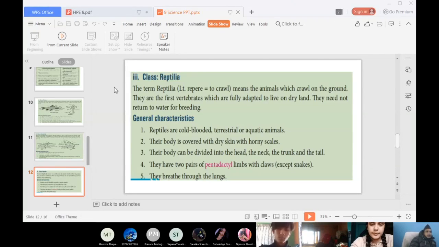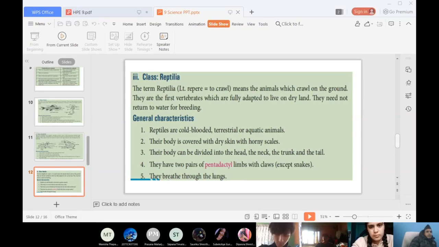Now we are going to discuss the characteristics of reptilia. First characteristic: their body is covered with dry skin with horny scales, a bit hard type of scale. Second, their body is divided into head, neck, trunk, and tail.